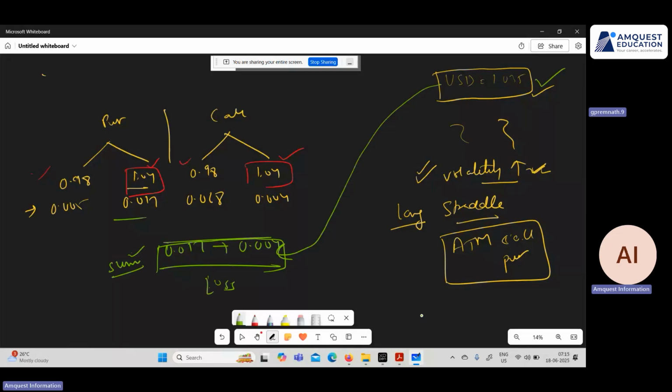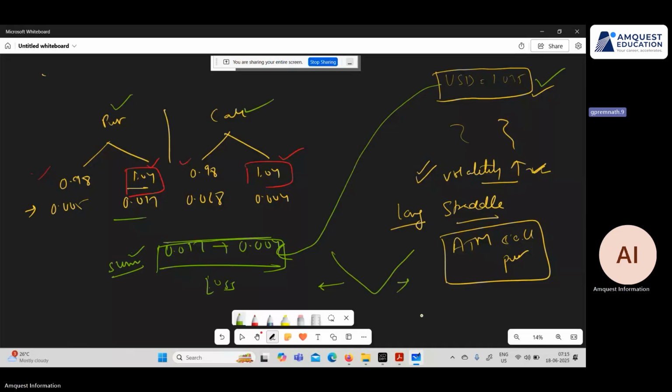Basically, it can move on either side, right? The stock price can fall by that much amount or increase by that much amount. Because we are buying put and call together, I'm okay with either side. This will also give me profit, and this will also give me profit.